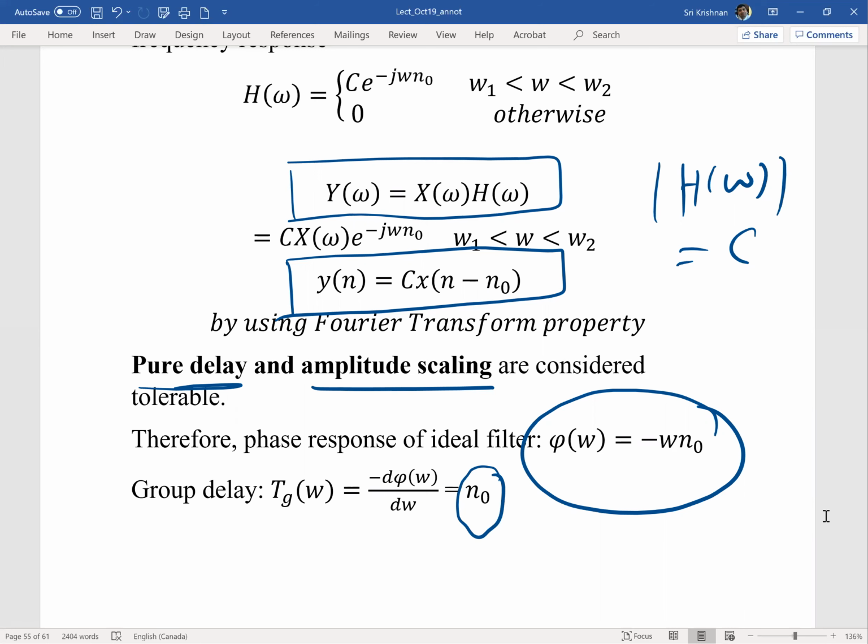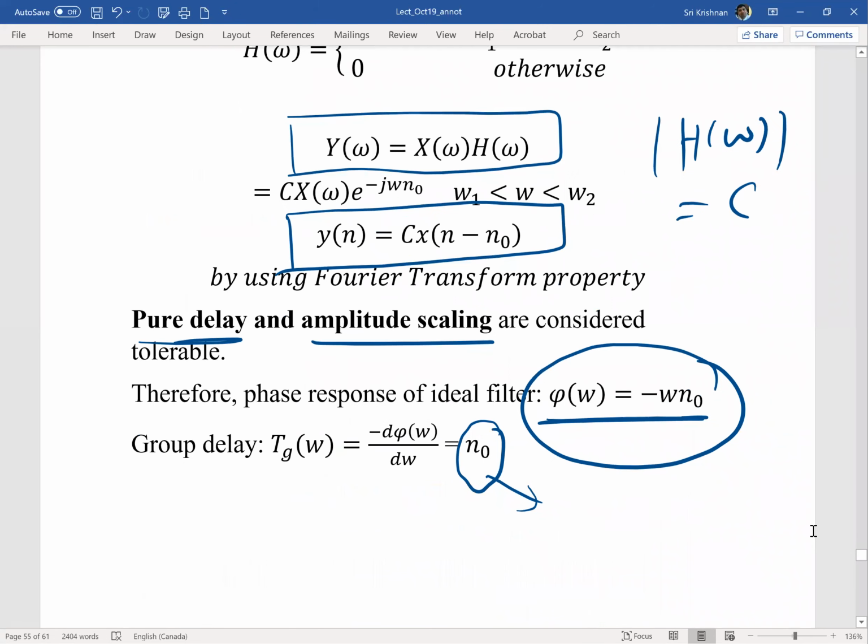That means it's a linear phase, because when I plot this phase response, it's a linear function, and when it's differentiated with respect to the frequency omega, it gives a constant, n naught, so it introduces just a constant delay. Once you know the filter has this property, it's called a linear phase filter.